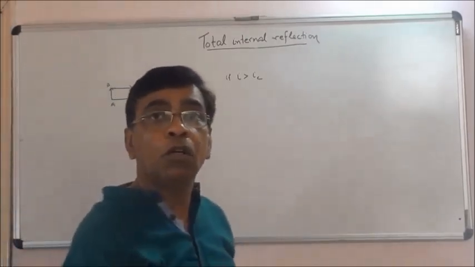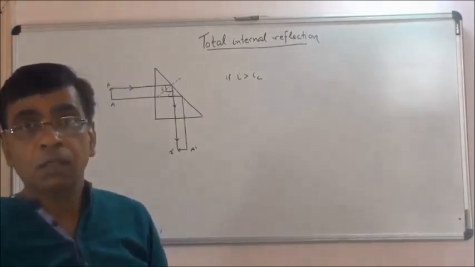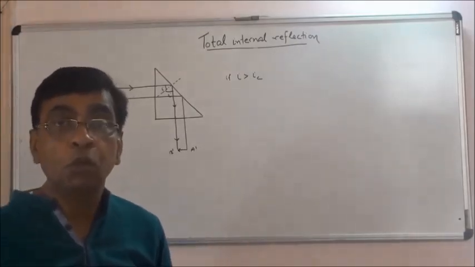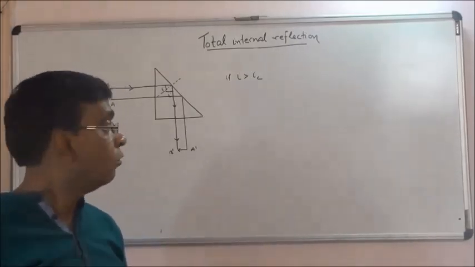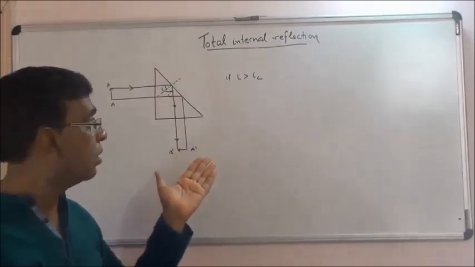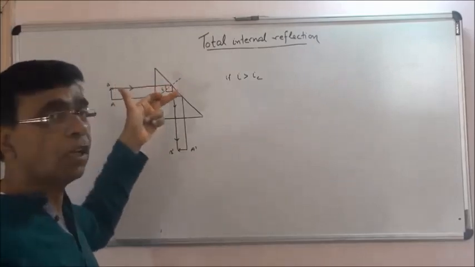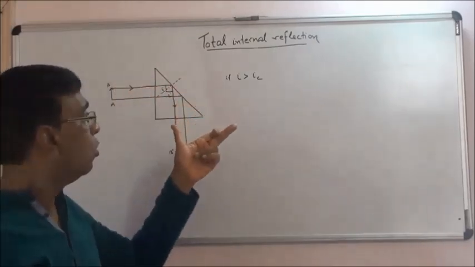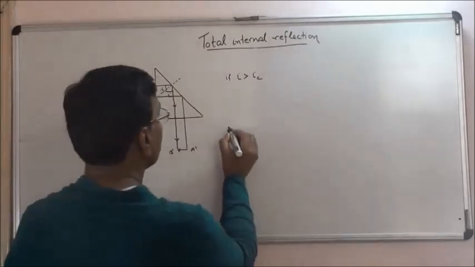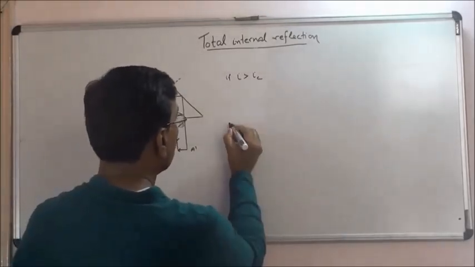So not just mirrors, even prisms and transparent mediums can be used to reflect light. We call such type of prism reflecting prisms, and depending on the value of incidence angle, any prism can be used to reflect. Another example.